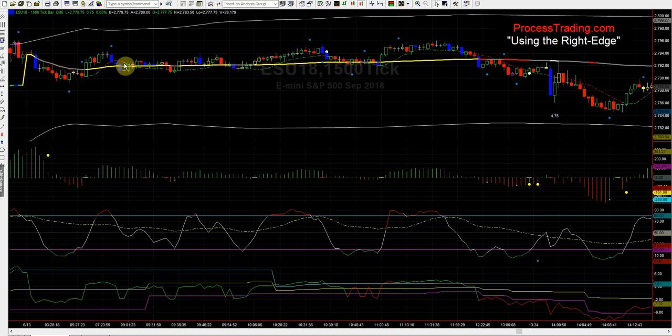So on days like today, when there's not much going on in volatility, and we see that especially down here in the short-term trend oscillator. The unique thing about the short-term trend oscillator is that the high and the low of the oscillator will vary in their width and form a channel that is representative of volatility.